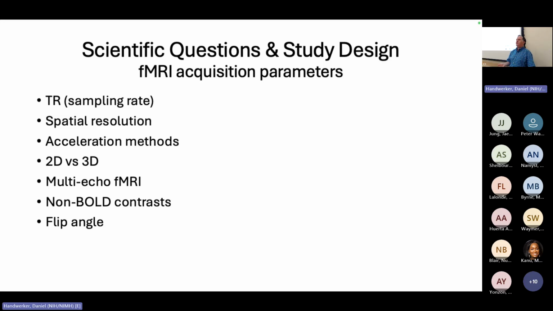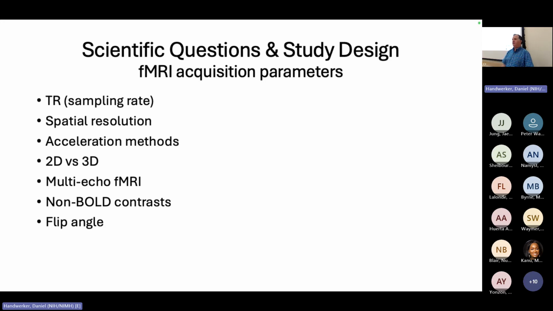The reason that's useful is that if it takes X milliseconds to collect all of K-space, then if you collect half of K-space, it takes half as much time. And for various reasons that are beyond the scope of this talk, the reconstruction methods can be quite good and accurate, but obviously with some compromises.